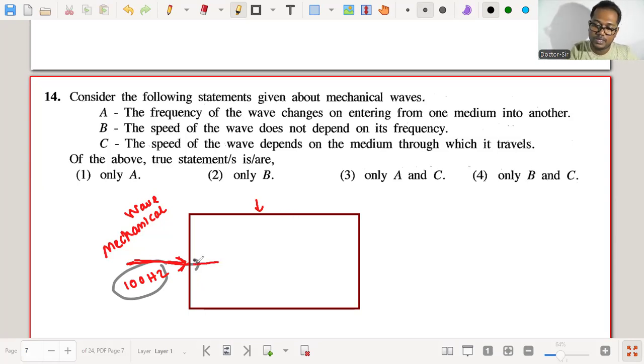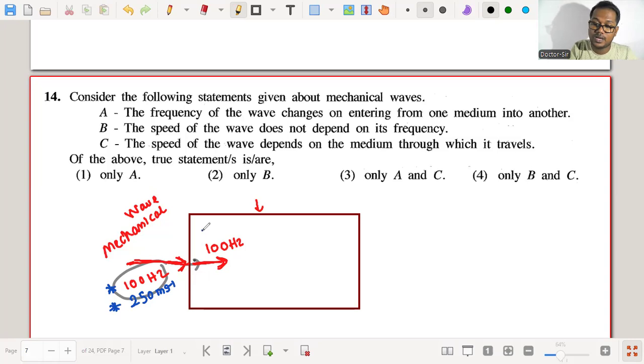So we have that wave coming with the 100 hertz again, but the wave speed is somehow reduced. Reduce or increase, that depends on the medium. So if it initially comes at 250 ms^-1, now the speed is varying.